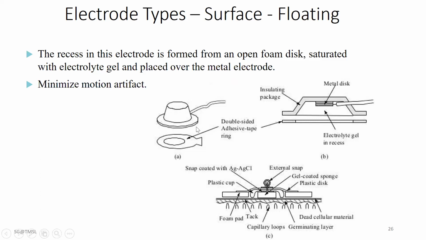A cross sectional view is given, and another cross sectional view of the same type of feature is available here. It is formed from an open foam disc which is saturated with electrolytic gel and is placed over the metal electrode.